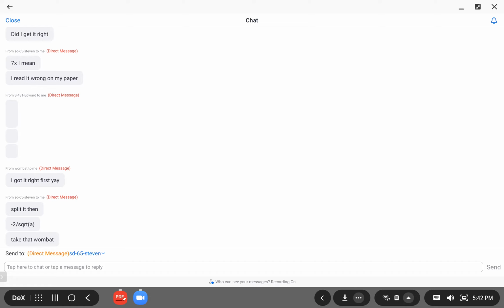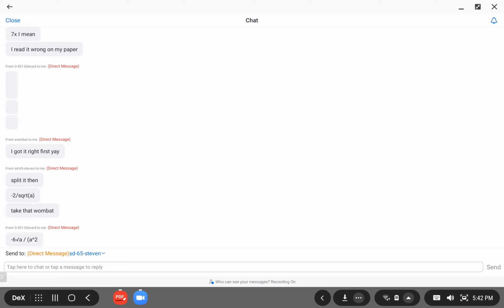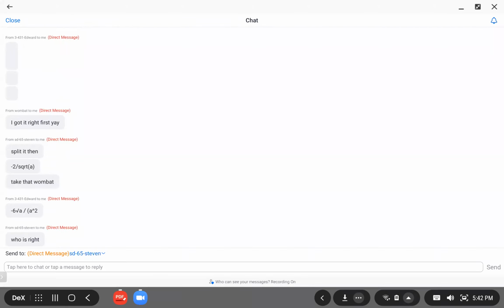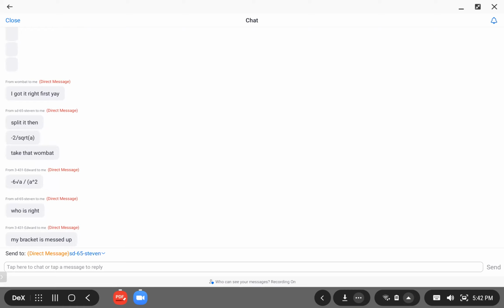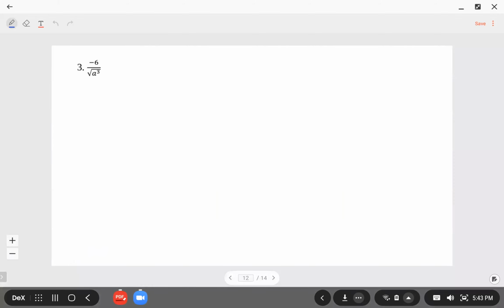Any other answers? -6 square root of A over A squared. Okay, so we have some different answers here. Let's start solving then. Stephen, Edward is actually correct. Okay, Edward is correct. Congratulations, Edward. So now let's solve this one.